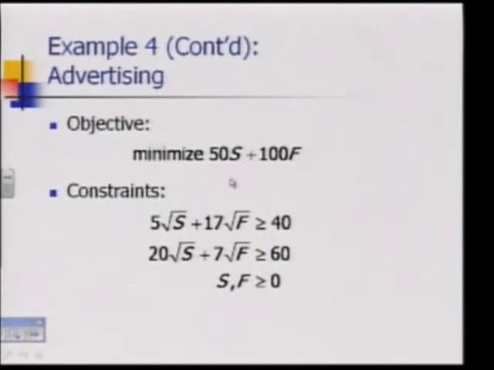And in order to visualize, you can change the value of the objective to equal 1, 2, 3, so that you have different level sets. By changing the level set, it will intersect with this feasible region. And then I want to see, to some extreme, where should I go?